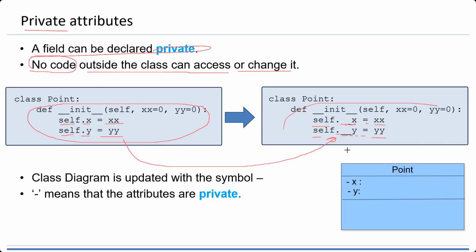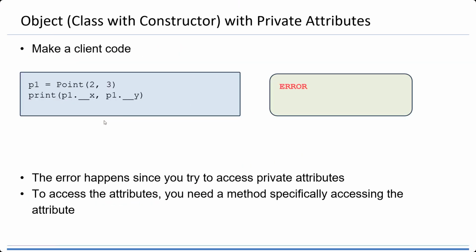When you do this, it means the data, which is the x, will be private. So the class diagram is updated with the symbol minus. If you have minus, it means this is private. Minus means that the attributes are private. Now, let's see.